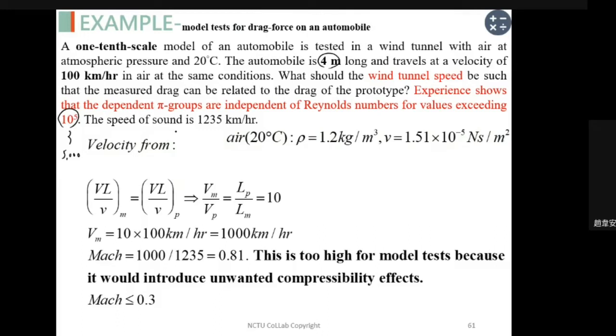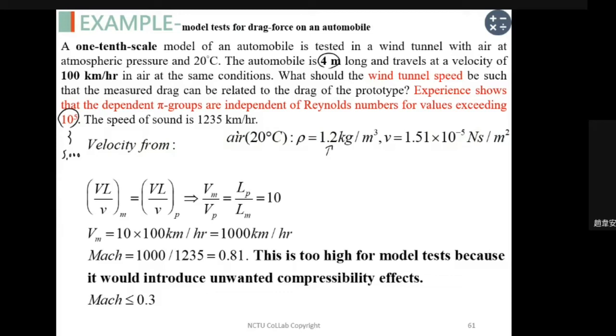And we know that the speed of sound is 1,235 kilometers per hour. So we know the model and the prototype are under atmospheric conditions with a temperature of 20 degrees C. So we have a density for air of 1.2 and the kinematic viscosity is 1.51 multiplied by 10 to the minus 5 power.